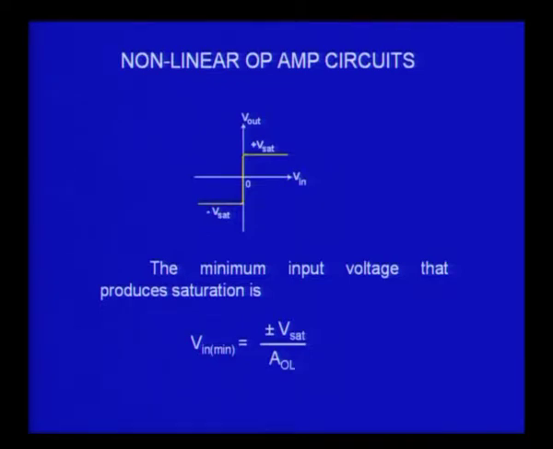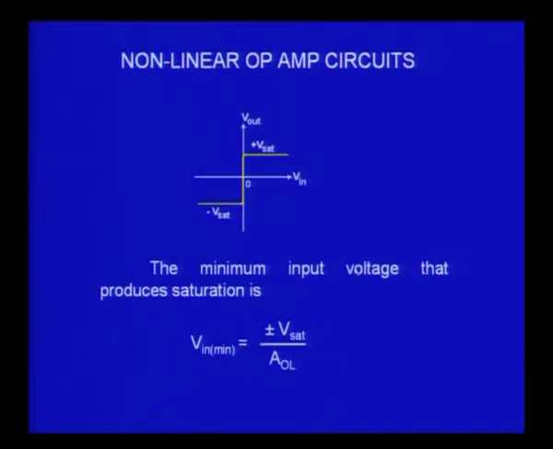We know the output cannot be more than the VCC or Vsat, and so Vsat divided by 10 power 5 will be the maximum input that I can give which will be within the linear region, the slope. So V in minimum is plus or minus Vsat by AOL, where AOL is the open loop gain.